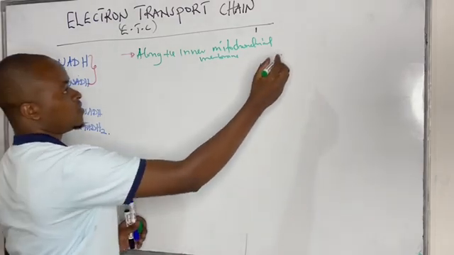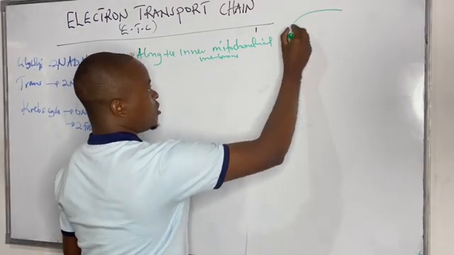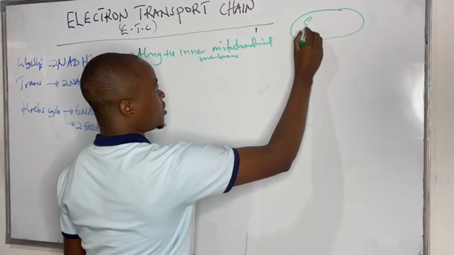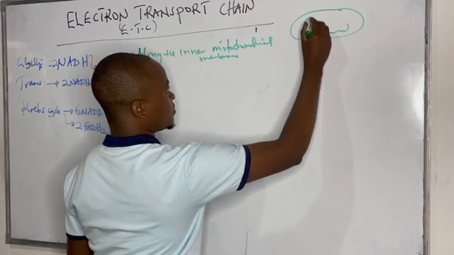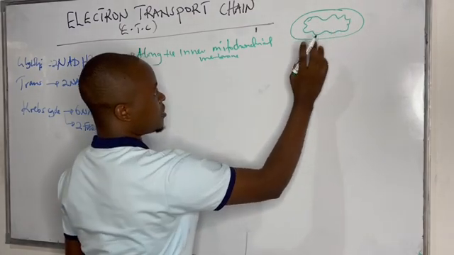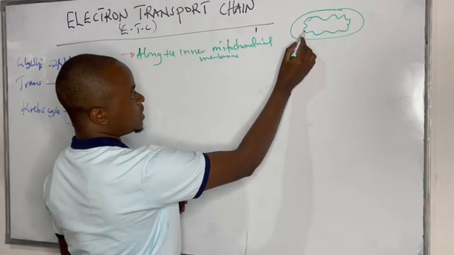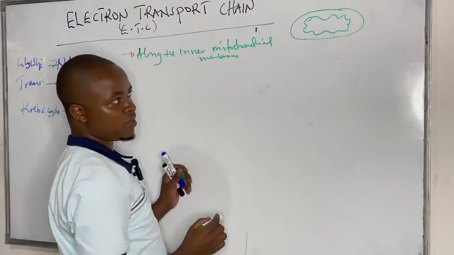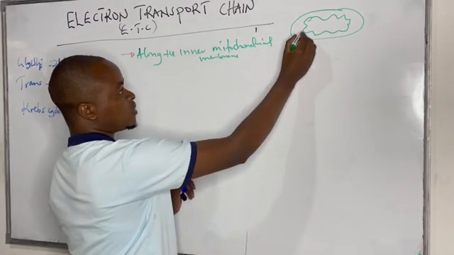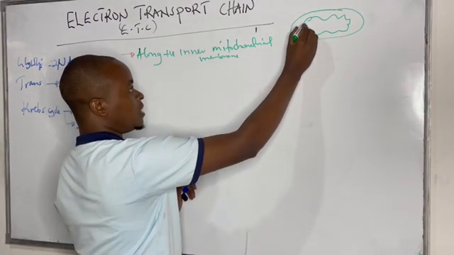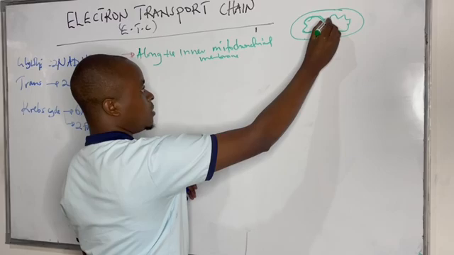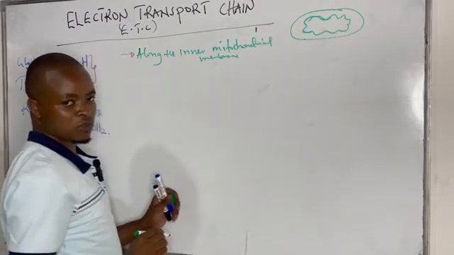We know that the mitochondria is made up of cristae, whereby the cristae, this one we call the inner mitochondrial membrane, then it has the outer mitochondrial membrane. So we see this electron transport chain occurring along the inner mitochondrial membrane. That's where it occurs.